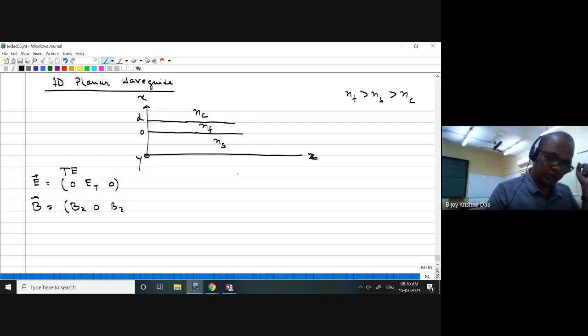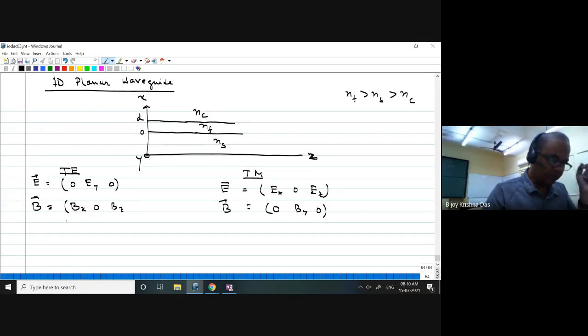And then in case of TM mode, we have electric field will be Ex 0 Ez, and magnetic field will be 0 By 0.